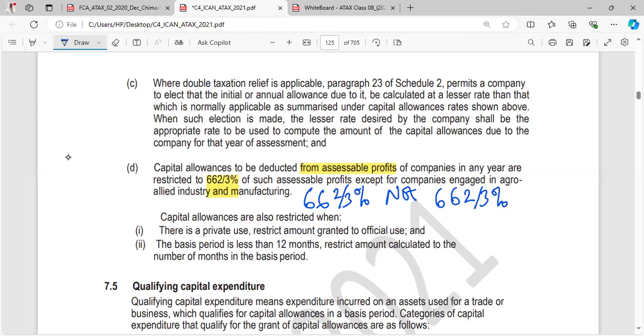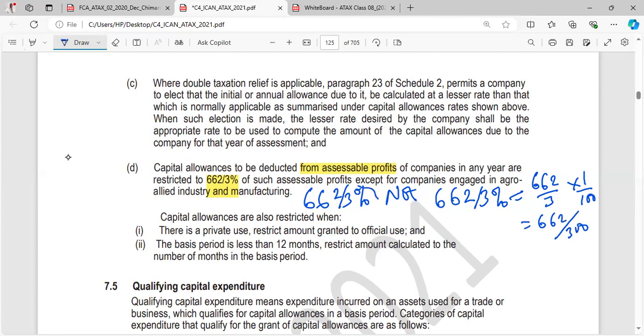Let's demonstrate it. If we are to use this, what this is telling us is 662/3. When we say percent, it means times 1/100. Now what this is telling us is 662/300, which is wrong.